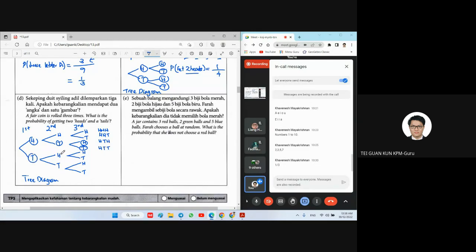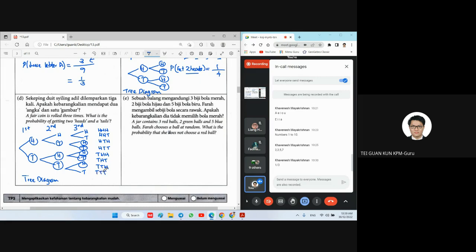Lepas tu tail, head, head. Tail, head, tail. Lepas tu tail, tail, head. Lepas tu tail, tail, tail.